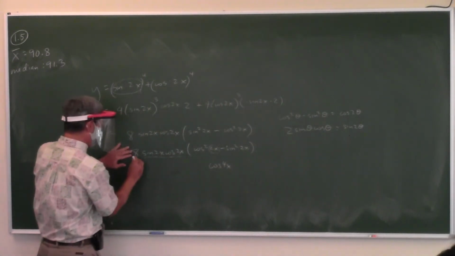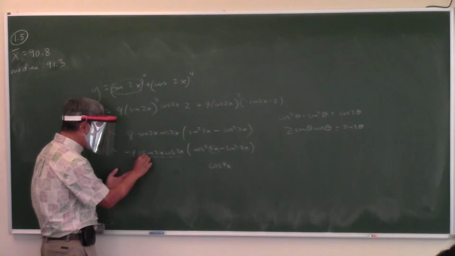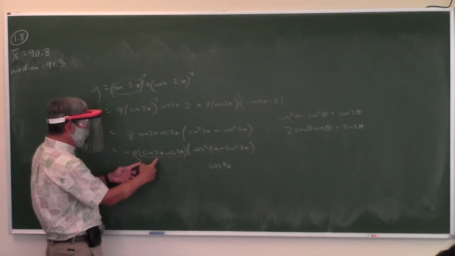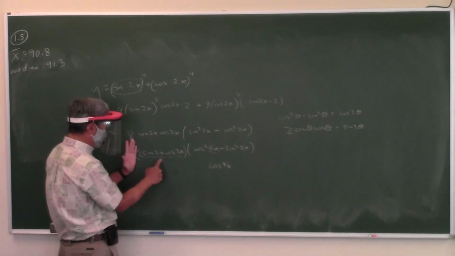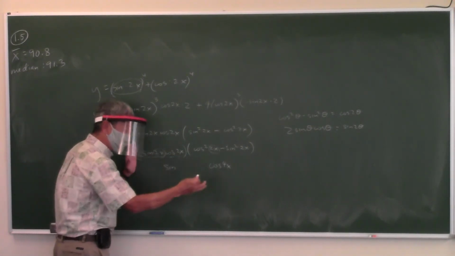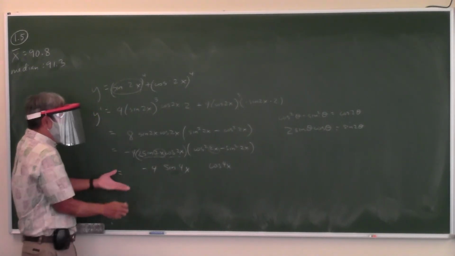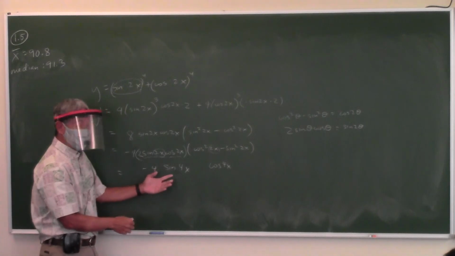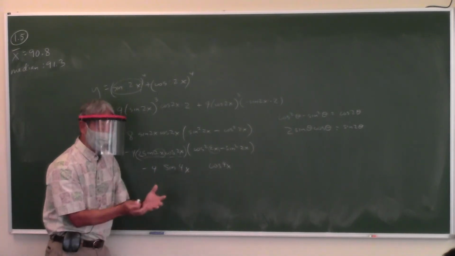Okay, look, can't I write the 8 as 4 times 2? Then, what is this? Sine 4. If this is theta, then 2 theta is 4x, times negative 4. But then look, you almost have sine theta cosine theta.